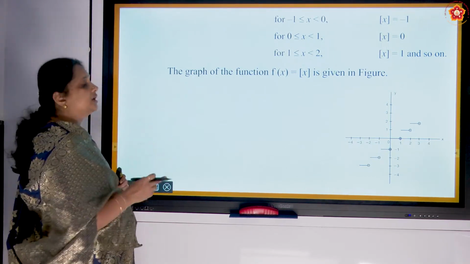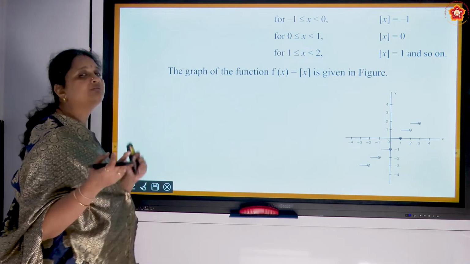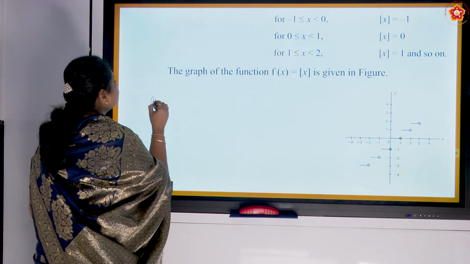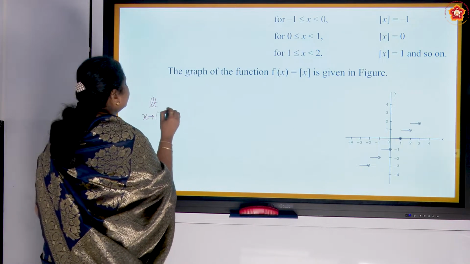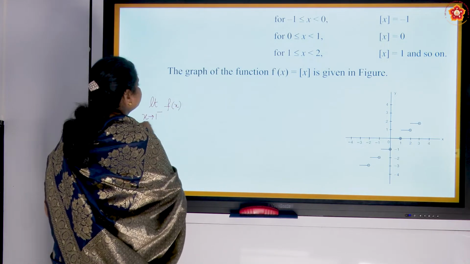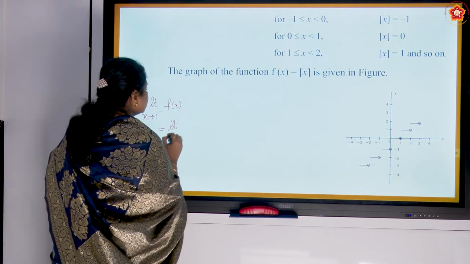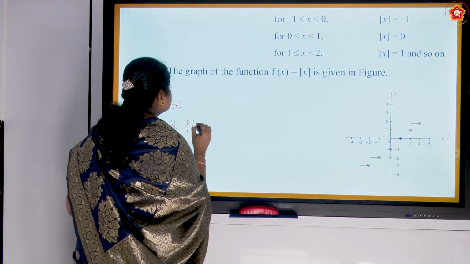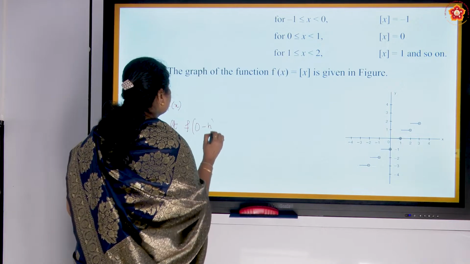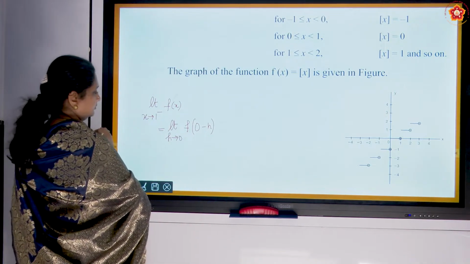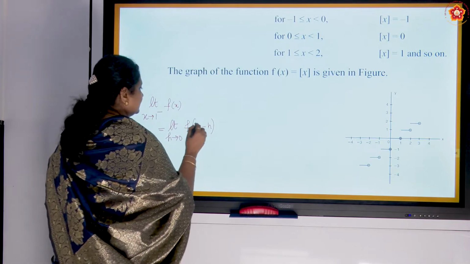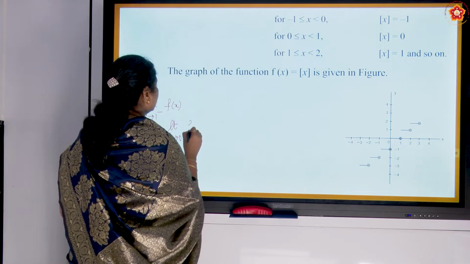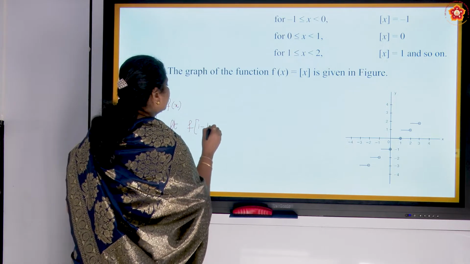So we are going to observe the function before 1 and after 1, both from left and right, and see whether we get the same value. So now limit x tending to 1 minus f of x is equal to limit h tending to 0 f of 1 minus h.